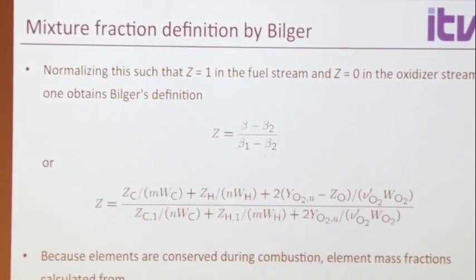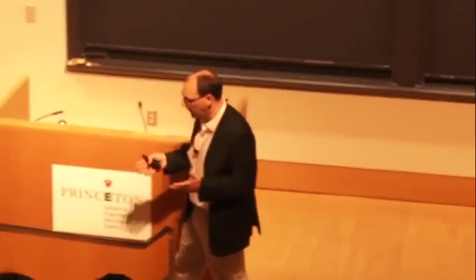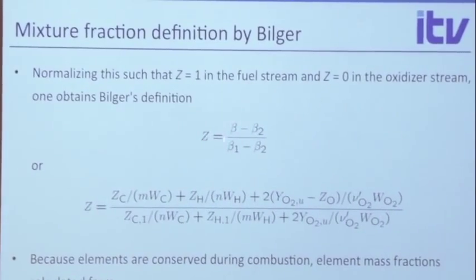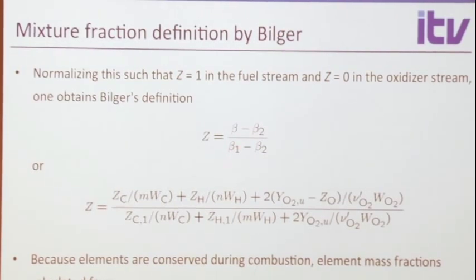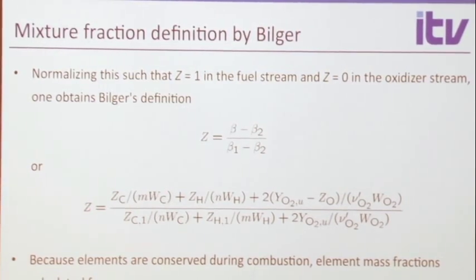I can define the mixture fraction again based on this beta. I just want to define it such that it's 0 in the oxidizer stream and 1 in the fuel stream. So I can define the mixture fraction as beta minus the beta value in the pure oxidizer stream, divided by the value of beta in the fuel stream minus that of the oxidizer stream. These beta 1, beta 2 just depend on the composition of these streams. Then I can plug it all in, and I get something like this.